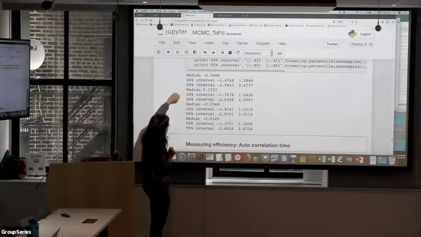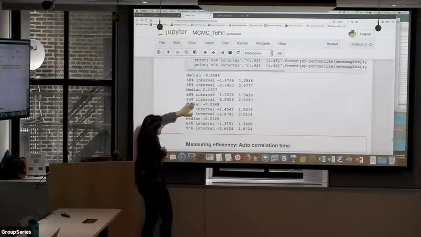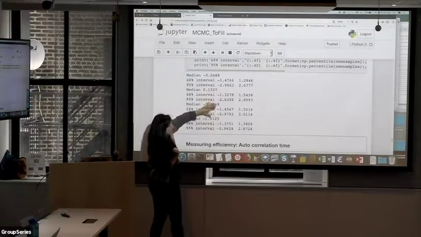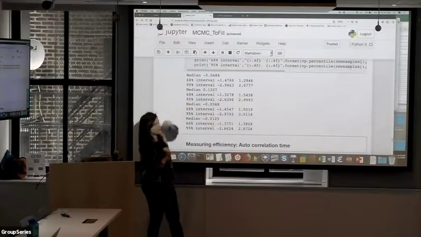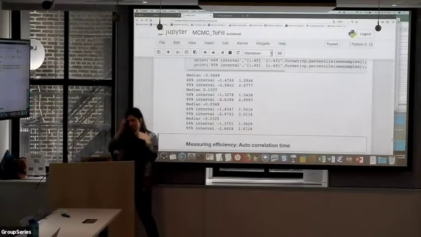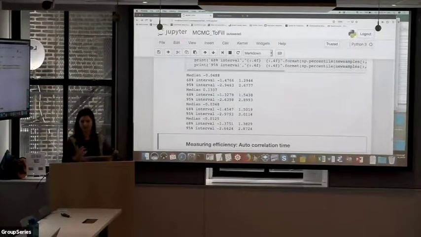When you look at the 68%, 95% intervals, you can see some fluctuations, but they are within 10%. Then there are criteria like the Gelman-Rubin statistic, for example, to give you an idea of whether this is good enough, or whether you should run the chains longer to get even better agreement.